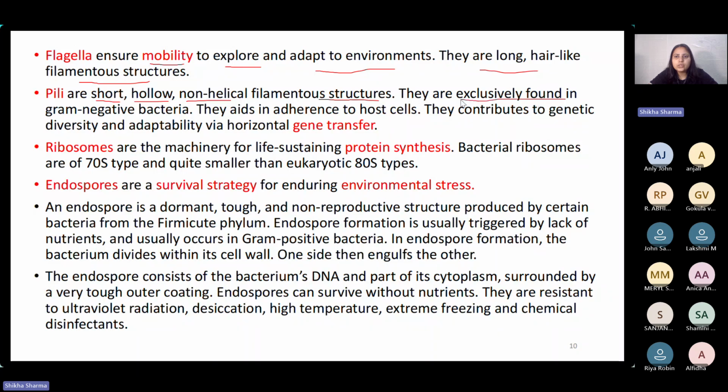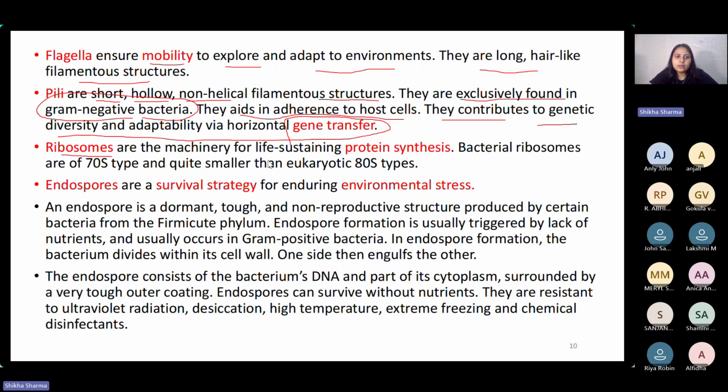They are found exclusively in gram-negative bacteria, and they aid in adherence to the host cell. So it will help the bacteria to attach to the host cell, and they also contribute to genetic diversity and adaptability via horizontal gene transfer. So it can help in the transfer of the genetic material also.